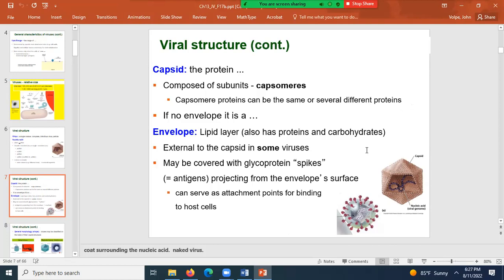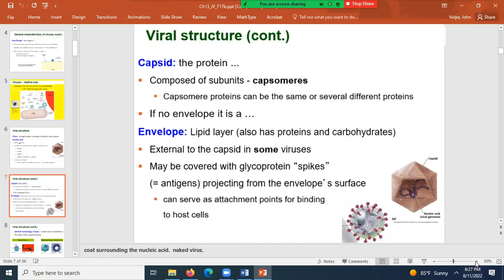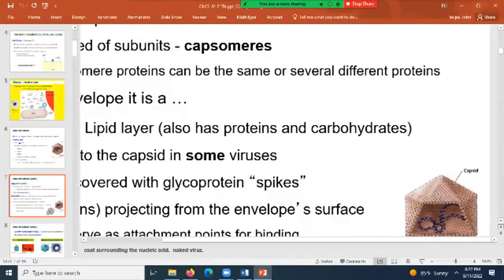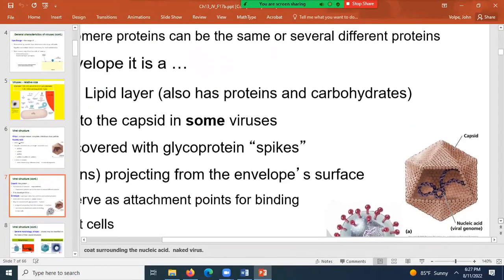All right, let's talk about the capsid. This is the structure surrounding the viral nucleic acid. The capsid, let me blow this up, is made up of capsomeres. All of the protein, which is a pinkish color here, is the capsid.